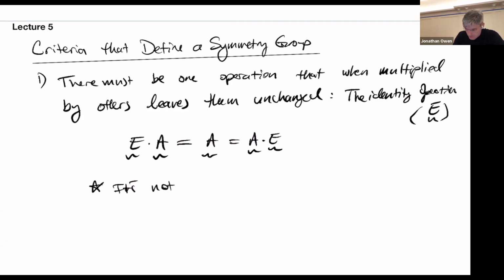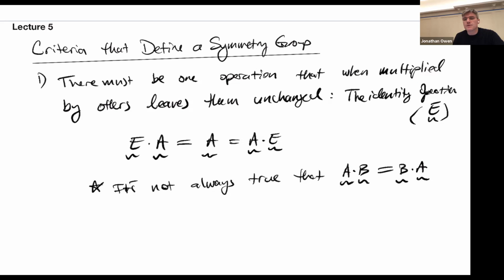In other words, if you have two operations, you can't always flip the order and get the same result. Not all operations, when done in sequence, will give you the same if you change that order.